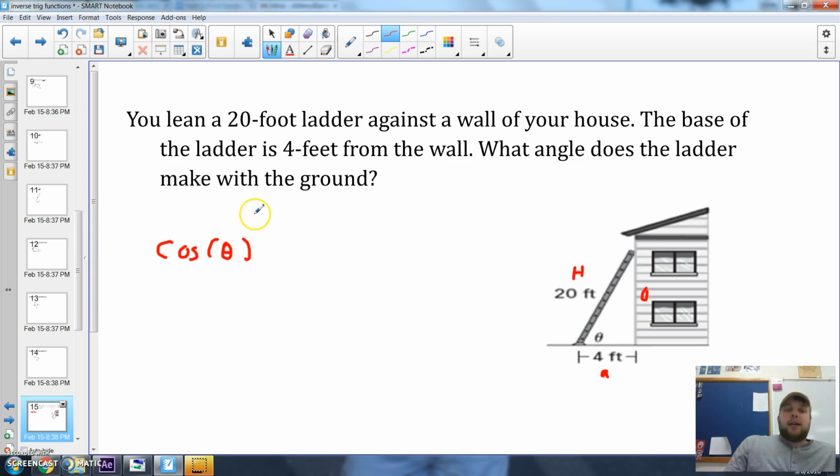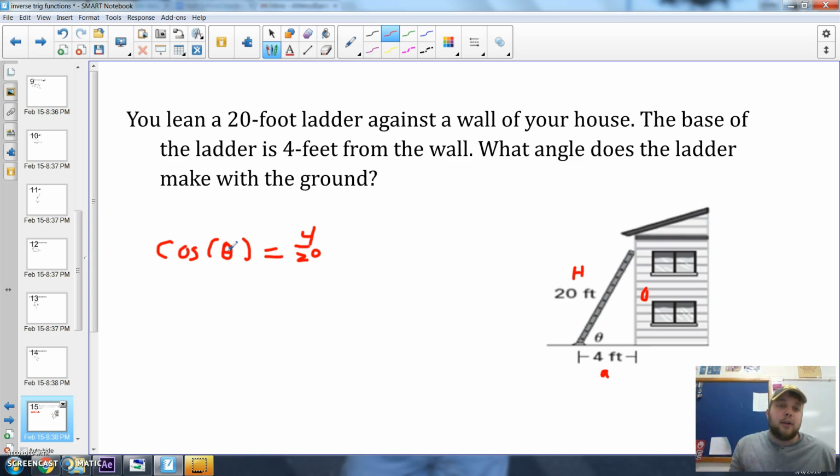So we'll say that theta equals adjacent, which is 4, over my hypotenuse, which is 20.